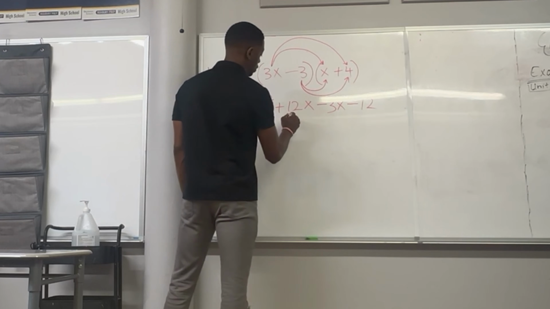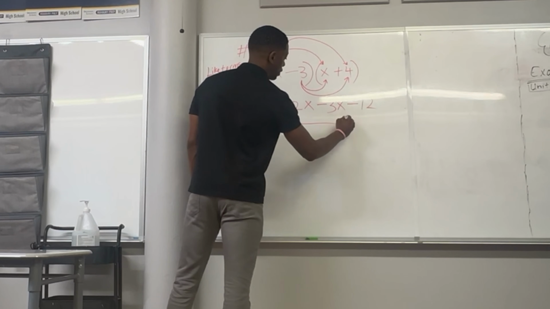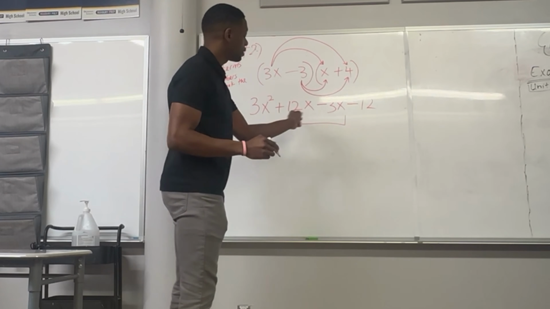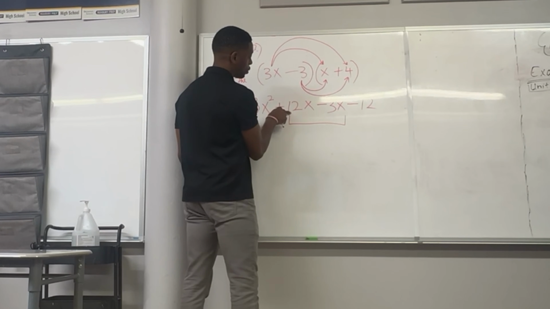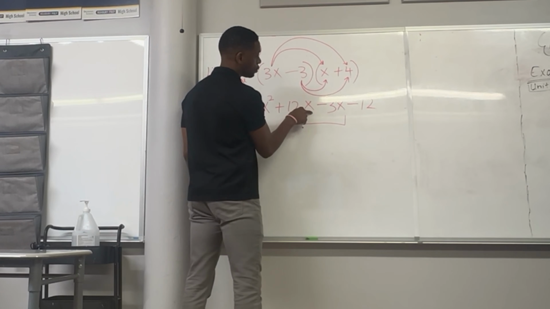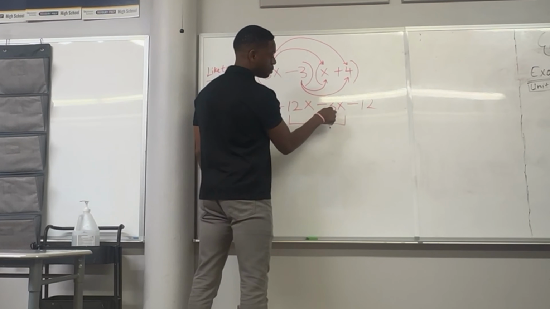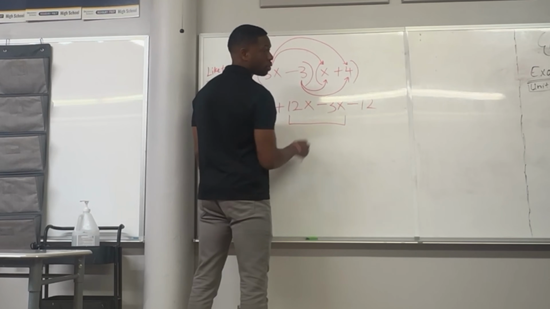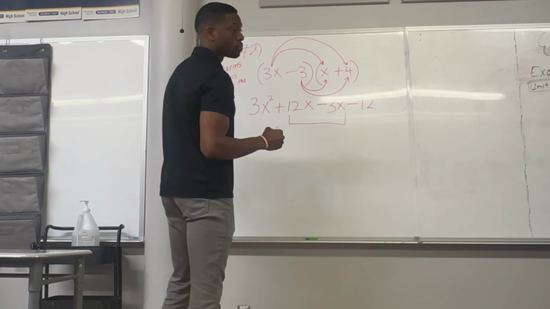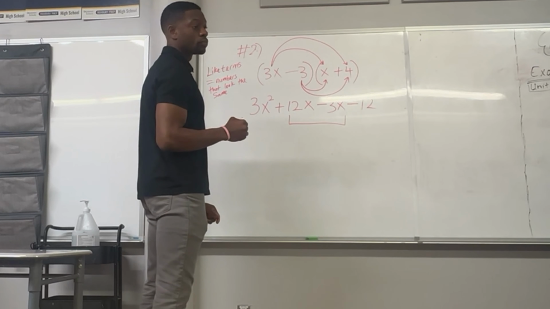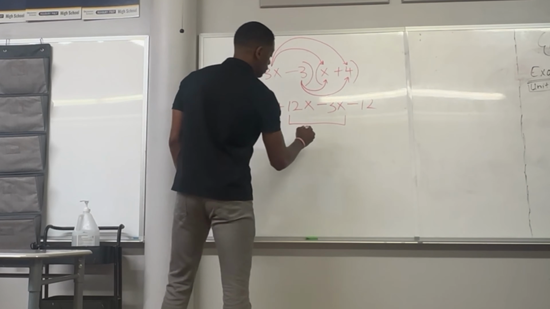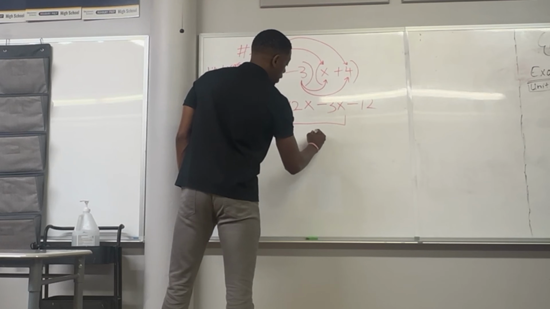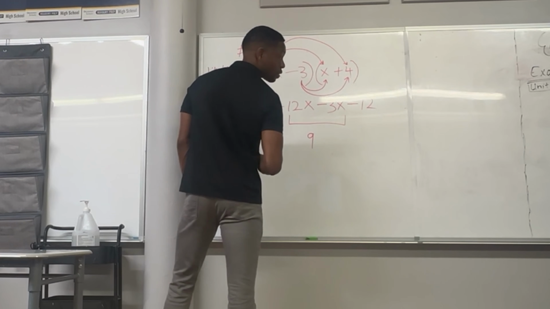Okay, so these 2, right? So 12x and 3x. If I combine these 2, you see how this says, read this for me, what does it say? 12 minus 3. What would that give me? 9 what? 9x, right?